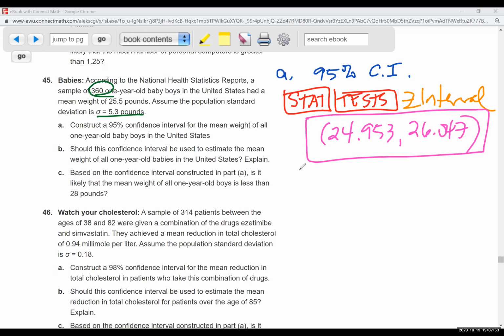And I remember I told you that I always ask you to write the interpretation. So you can write here, we are 95% confident that the mean weight of all 1-year-old baby boys in the United States is between these two numbers, okay? I think it's more formal if you copy this.